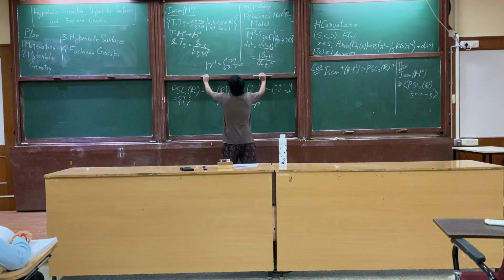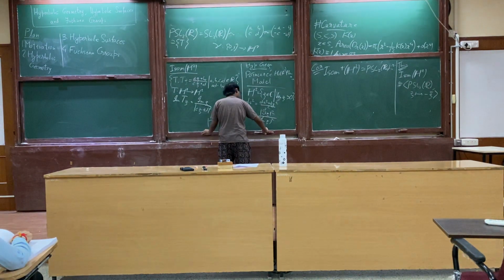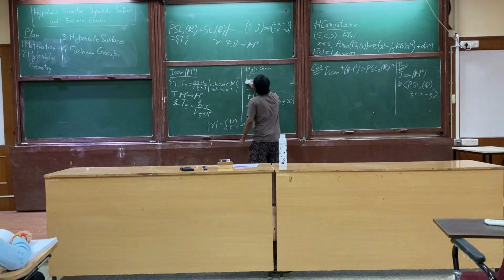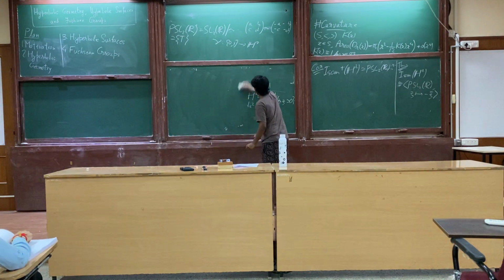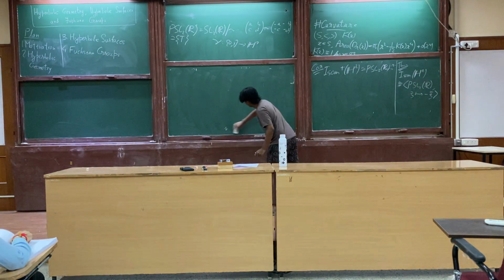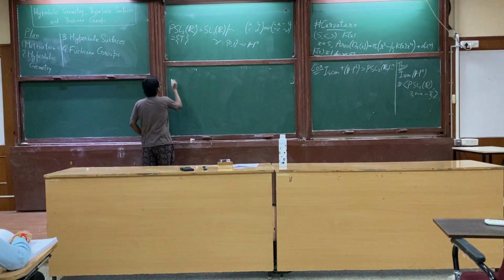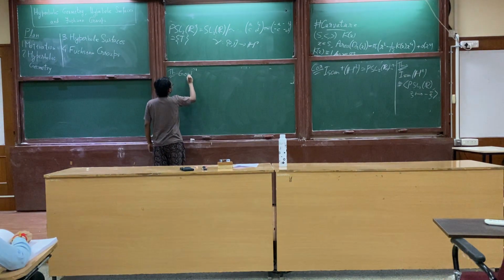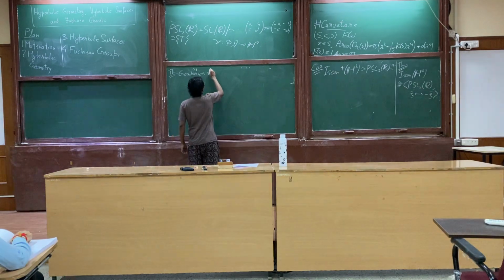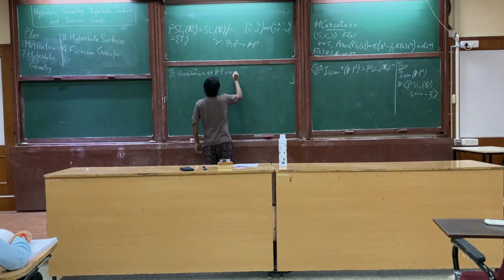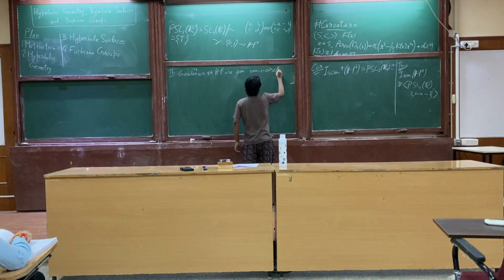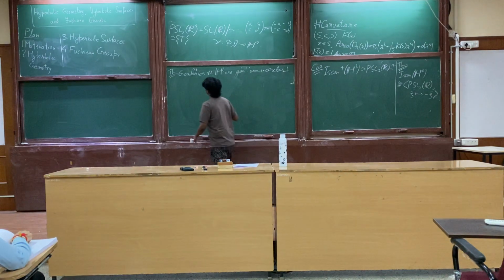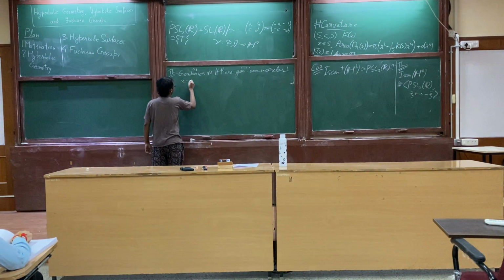So how do we do that? So that theorem: geodesics in H2 are generalized semicircles orthogonal to the x-axis.